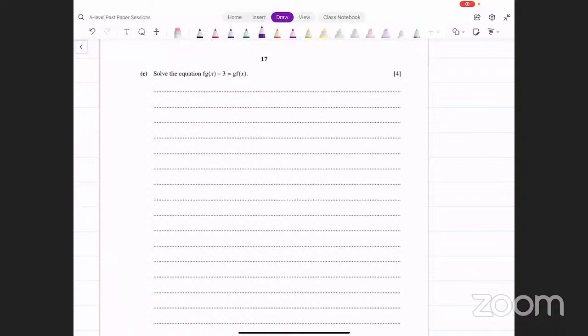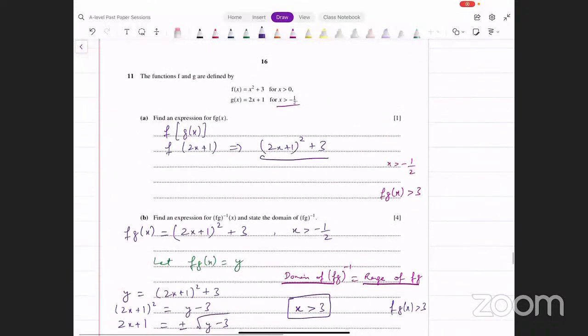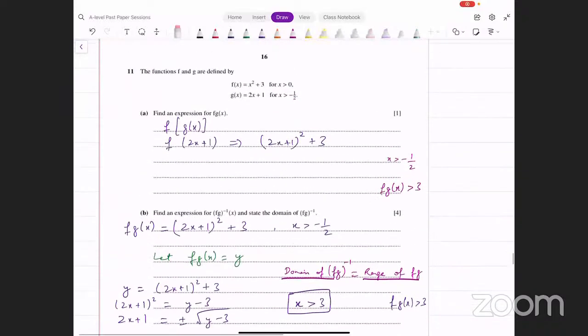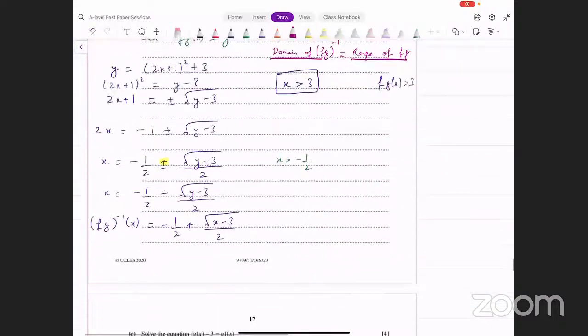You have to solve this equation. fg of x you have already found earlier. That was this. Let's find gf of x too. But for that, let's write down those functions here. What was f of x? f of x was x square plus 3. g of x was 2x plus 1.